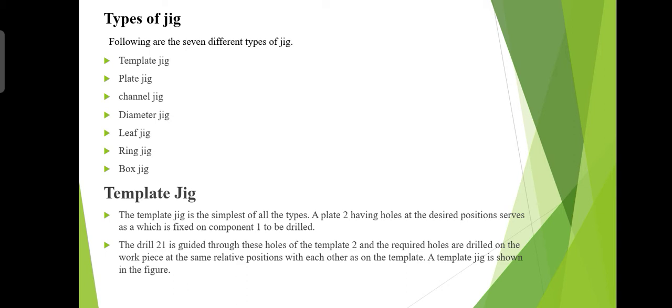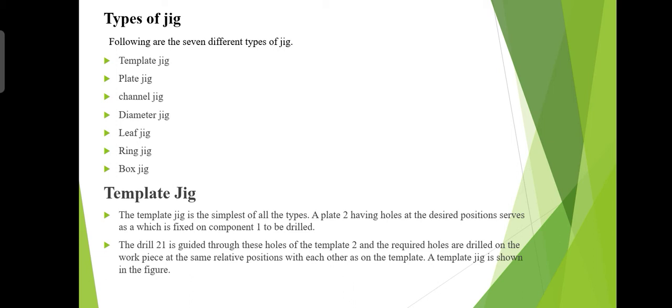So if you want to reduce wear, you can use fixed bushings. Removable bushings are used when drills of different sizes are to be used or when the drilled holes are to be finished by reaming or tapping.